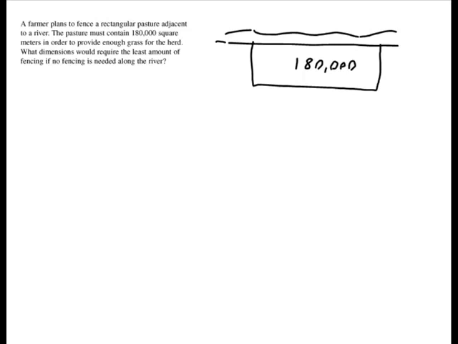Now we want to find what dimensions would require the least fencing. So we're talking about trying to make the perimeter as small as possible and still maintain the area of 180,000. So if we make the sides distance x and the long width distance y, the perimeter will be 2x plus y, because we don't need a second y.